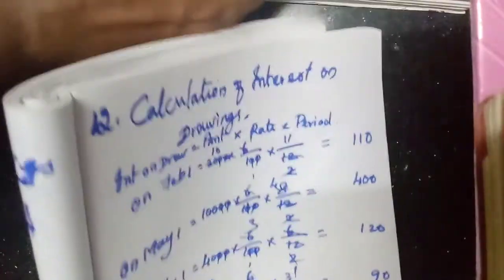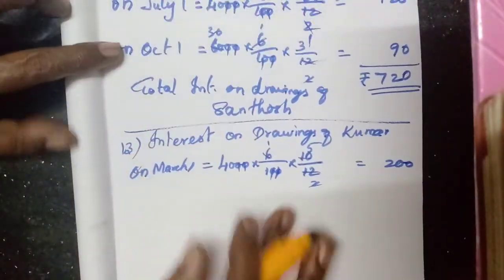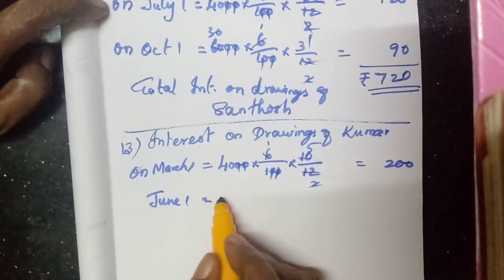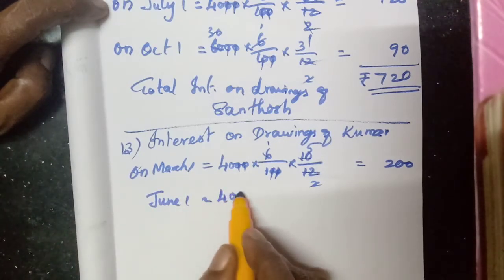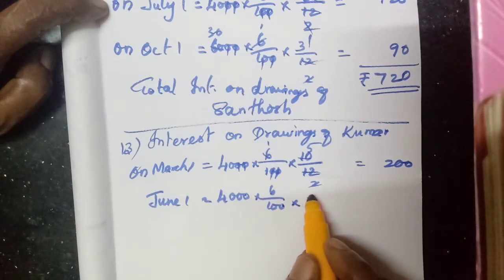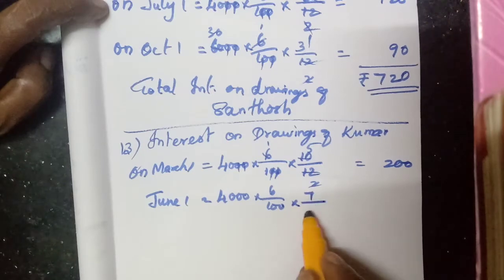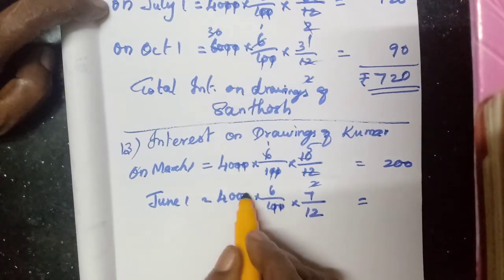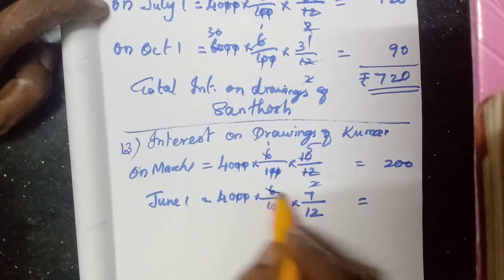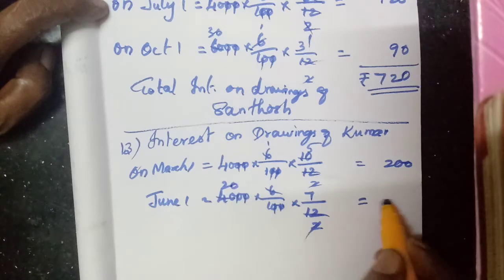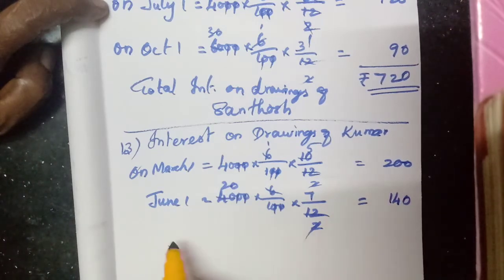Okay, then June 1, 4000. June, 7 months. Okay. Here 6, here 2, here 2, 20. 20 into 7, 140.